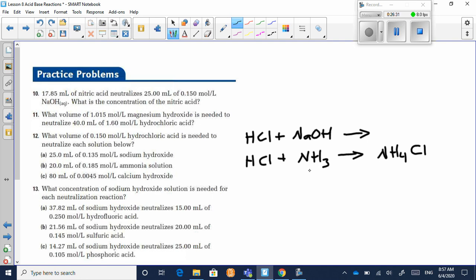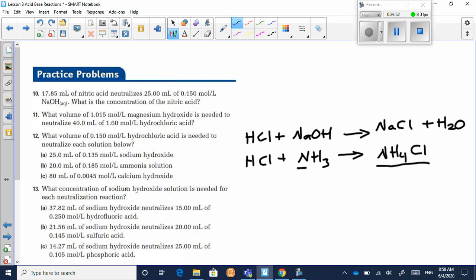If it's a nitrogen base, like this one, you only need to write the salt. The water is happening in the background. In this case, for HCl and NaOH, you're going to make NaCl plus H2O. So just be aware, in some cases, you don't have to write the water.